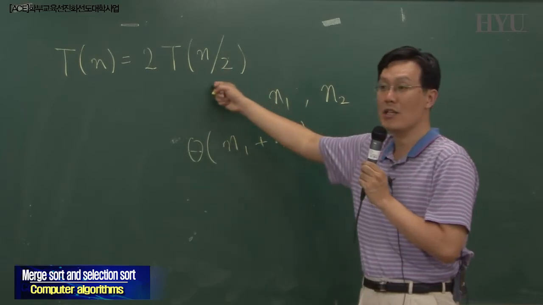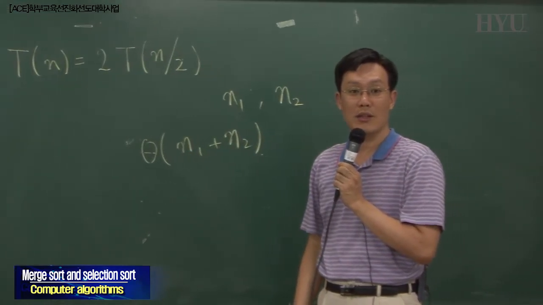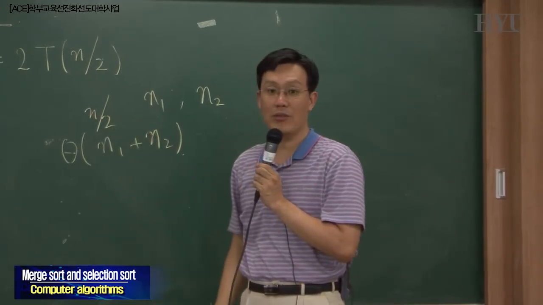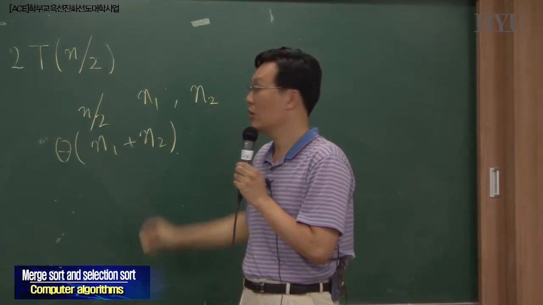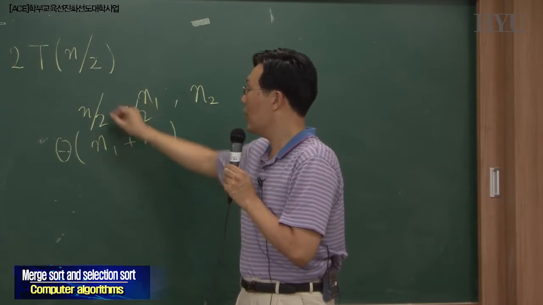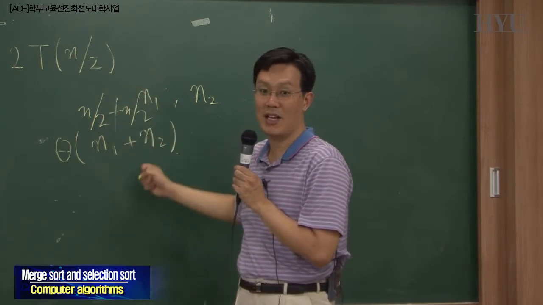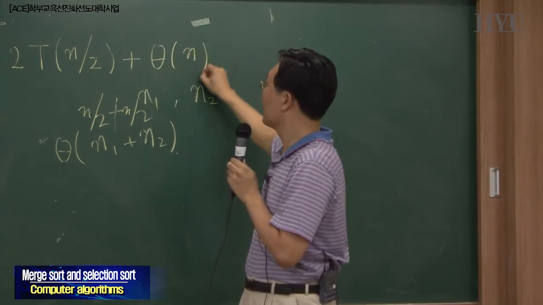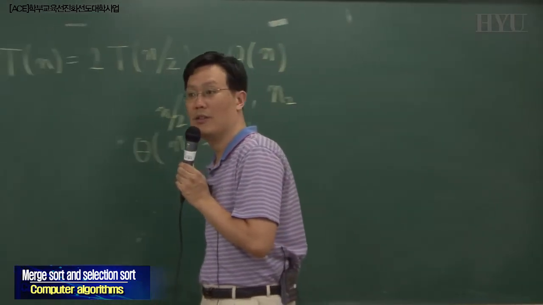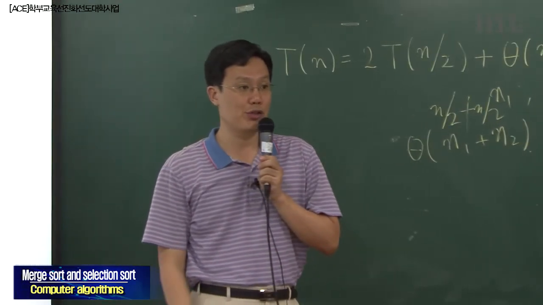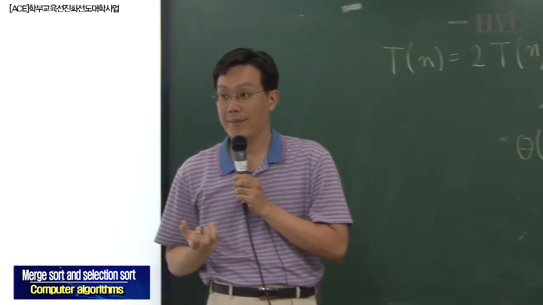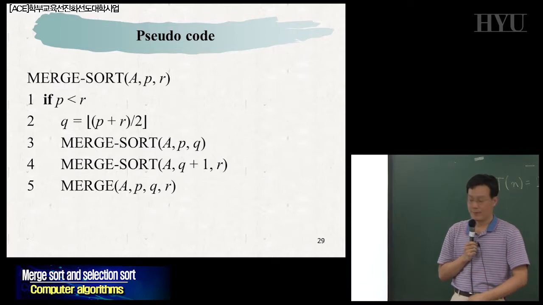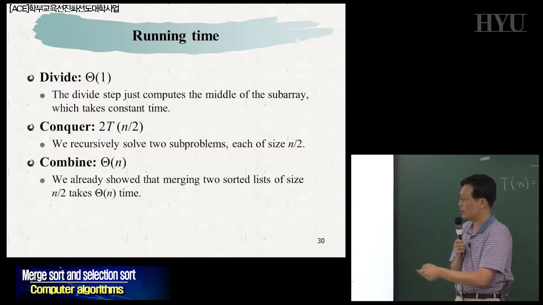Then in this case, what is n1? n over 2. What is n2? Then it's n. So the running time of merge is theta of n. Okay? So like this.